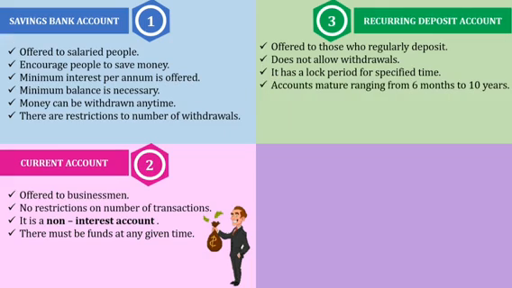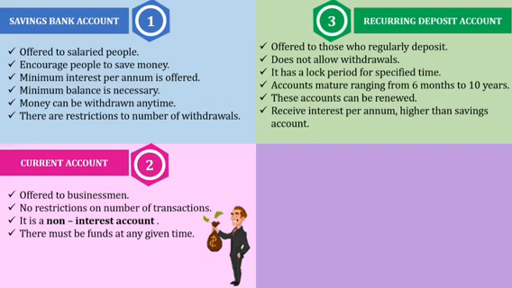Recurring deposit accounts are normally allowed for maturities ranging from 6 months to 10 years. These accounts can be renewed. They receive an interest per annum higher than the savings account. It is called a time deposit as no transactions are allowed till the maturity period. However, the bank may allow closing the account before the maturity period.